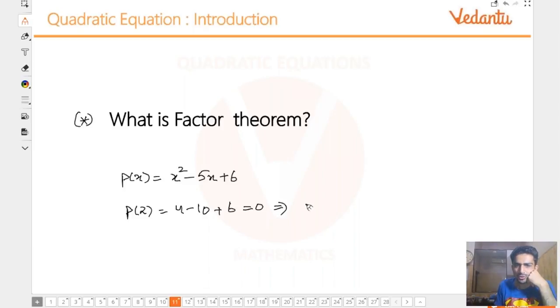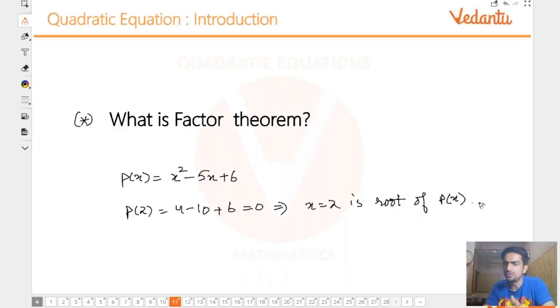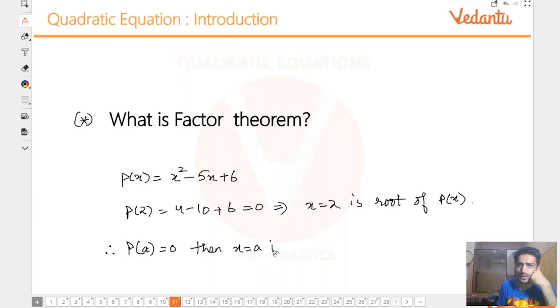So can I say 2 is a root of p of x? Yes or no? Can I say that? Very good. Because that is something we have studied. A root is something which you put in and it becomes equal to 0. Very good. So I can say if p of a is equal to 0, then x equal to a is a root.